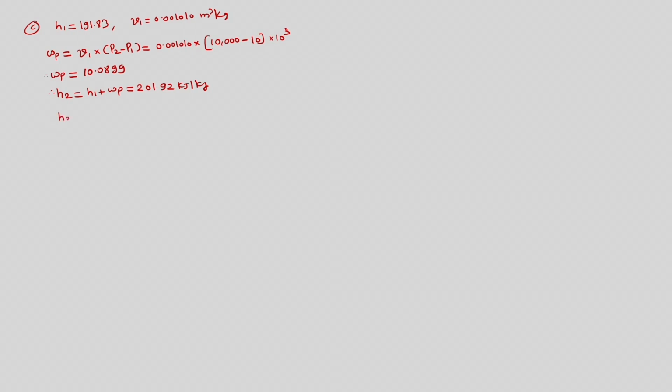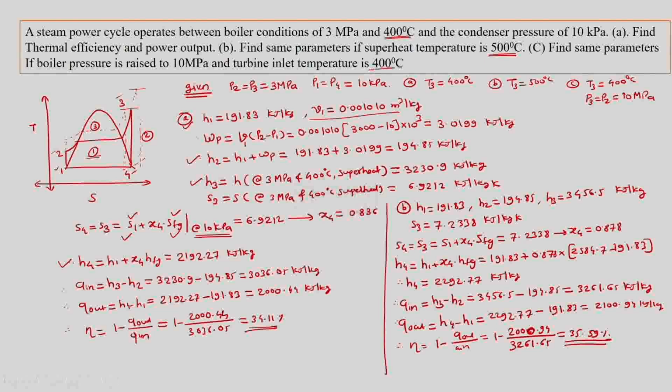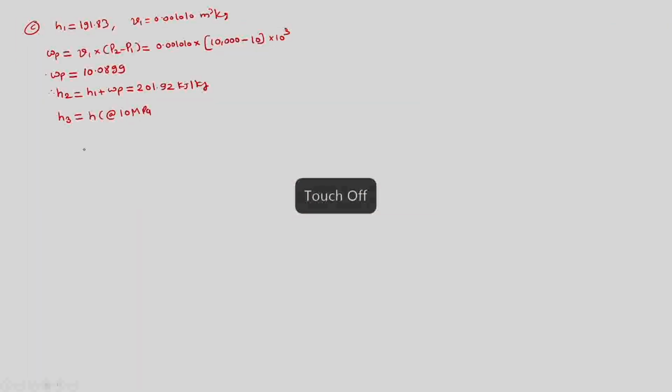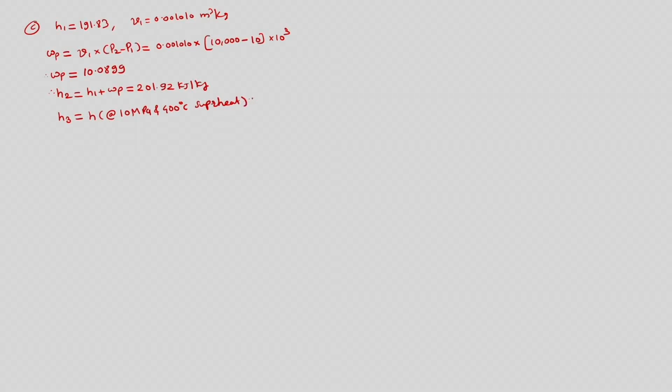So we know now two corners. We have to find out H3 from the steam table, and H3 is the enthalpy at 10 megapascal, and in the example temperature is given as 400 degrees Celsius superheat, and that enthalpy H3 would be 3096.5 kilojoule per kg.